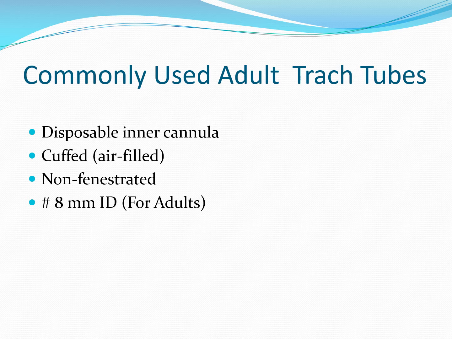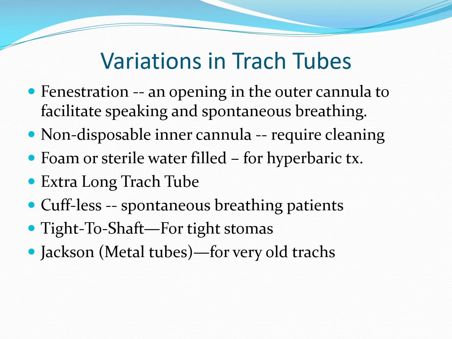But many adult tubes that are initially established are a number 8 interior diameter. Some of the other variations that you'll see in tracheostomy tubes, again, the fenestration. It's an opening in the outer cannula, and often the inner cannula, but mainly the outer cannula, to facilitate speaking and spontaneous breathing.